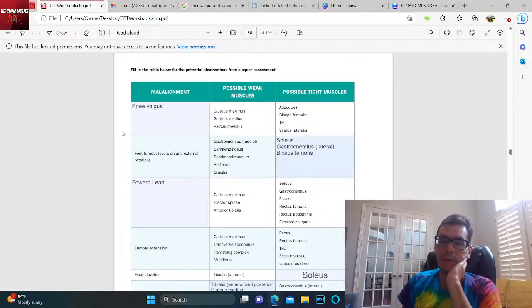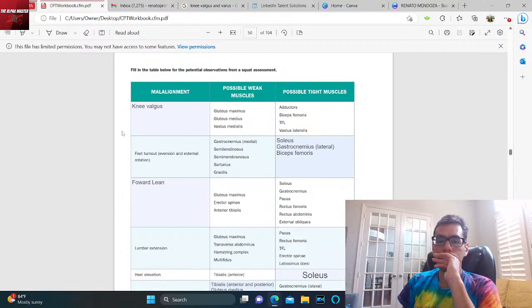The possible tight muscles are the adductors, the biceps femoris, the TFL, and the vastus lateralis.